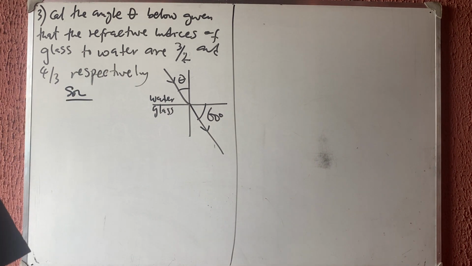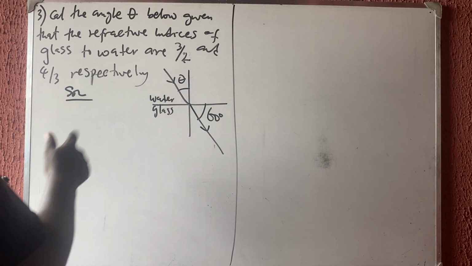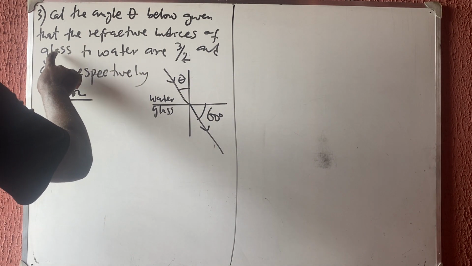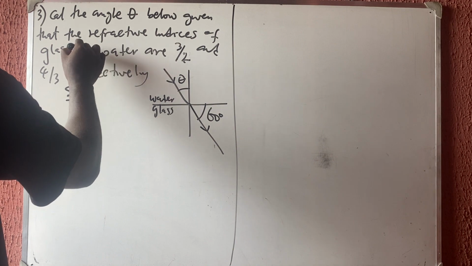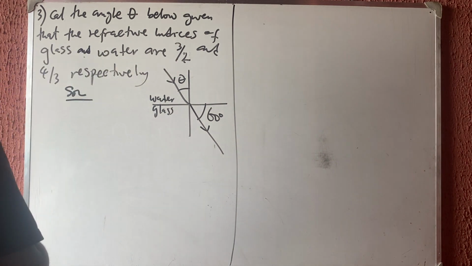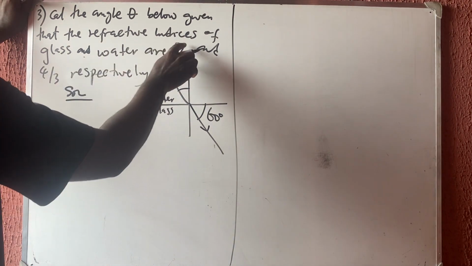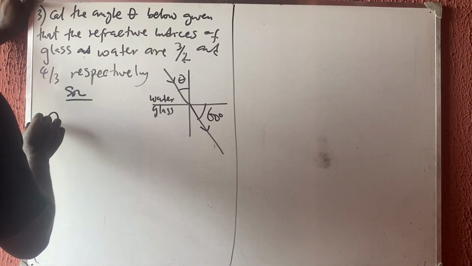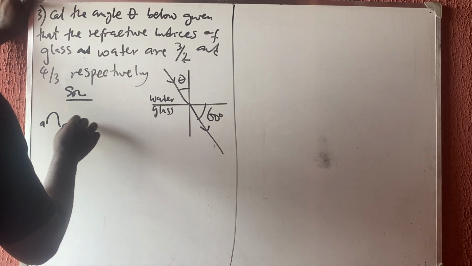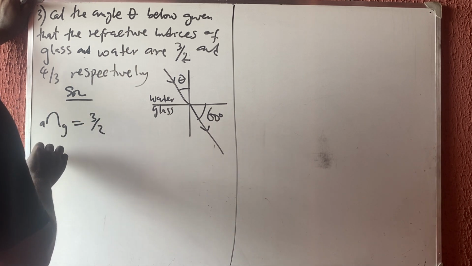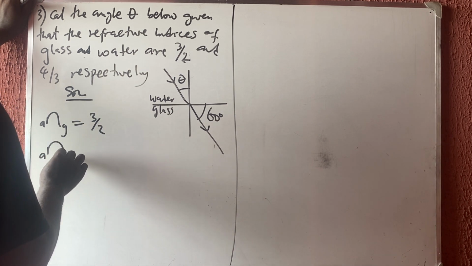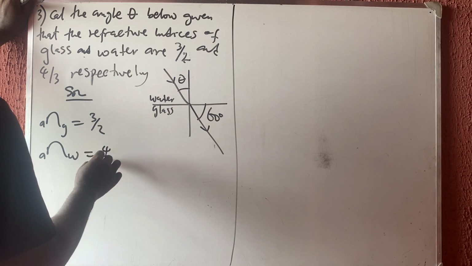You can pause the video and then try to solve it yourself before you come to my solution. Now we are going to solve it in two ways again. So they told us the one for glass and water, but we know that air to glass is 3 over 2, and then air to water is 4 over 3.